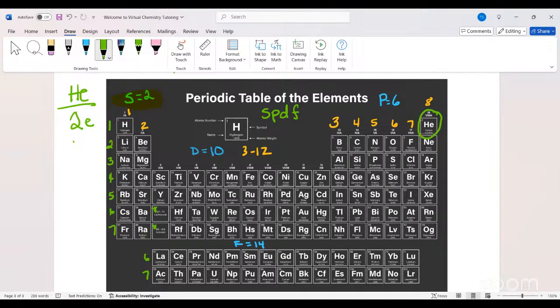How did I get two? Helium has two electrons. The first question we're asking is, how many electrons does helium have? And there are two. The atomic number in the upper left-hand corner represents 2.